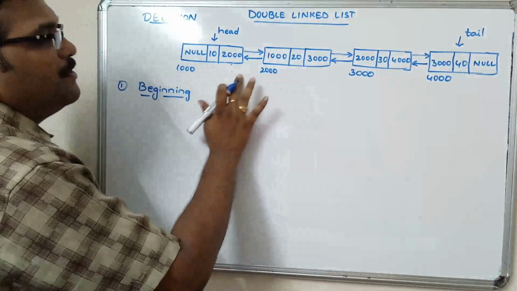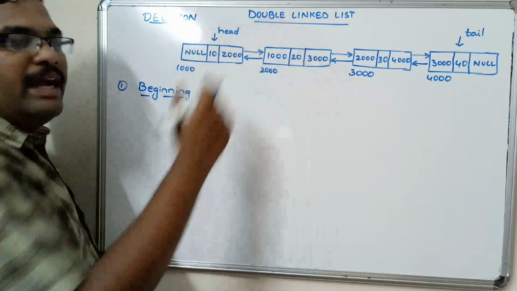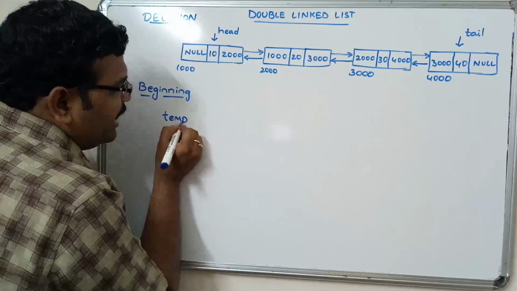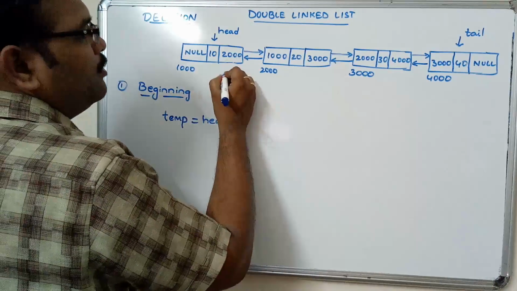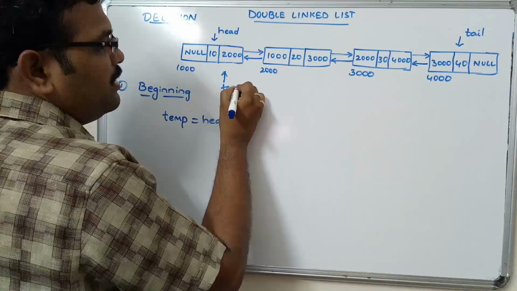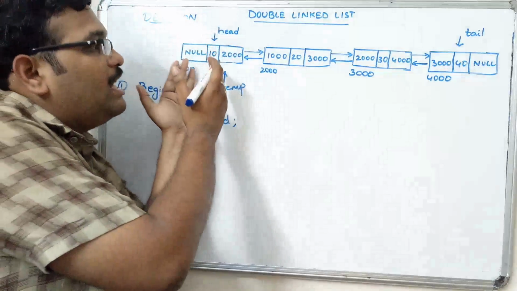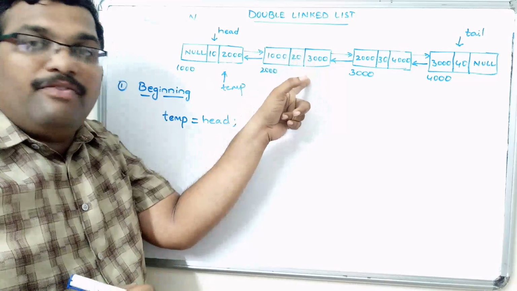First, let us move the head. Just store the head in a temporary variable. Now this is a temporary variable. Now move the head from this element to the next element, because after deleting the first element, the second element will be the head.